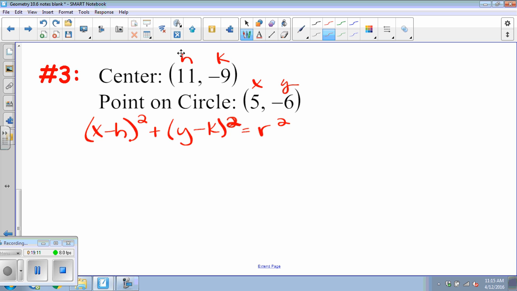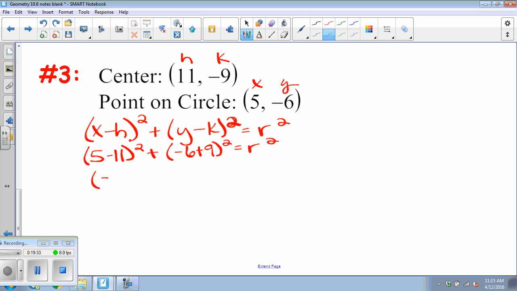And so it's 5 minus 11 squared plus -6 plus 9 squared equals r squared.